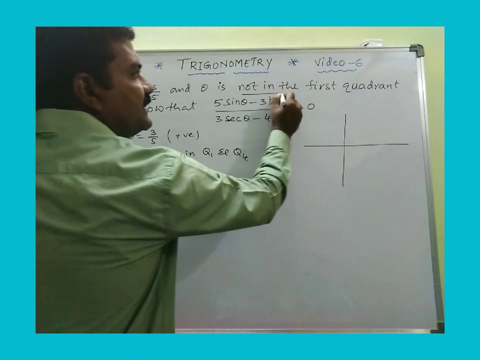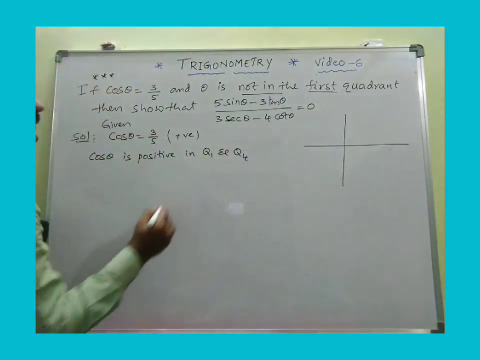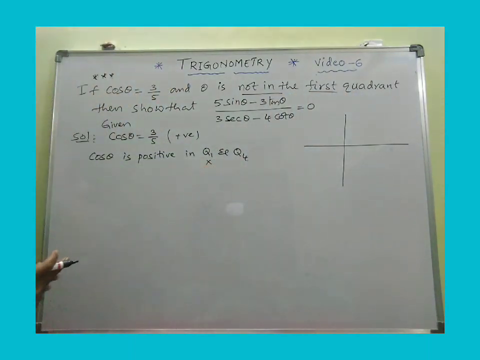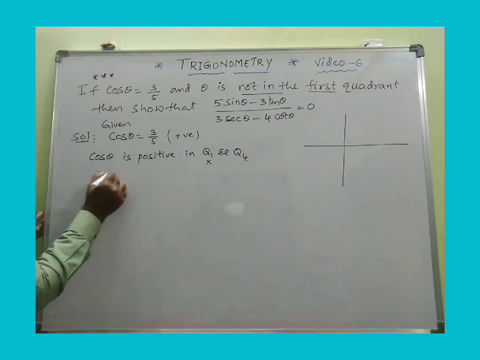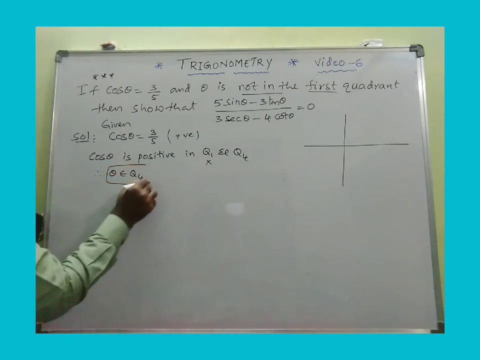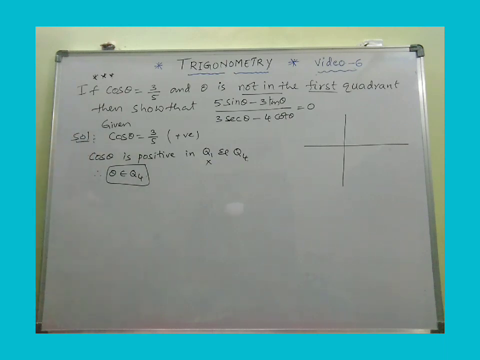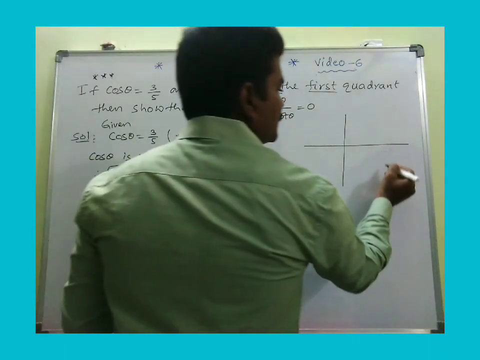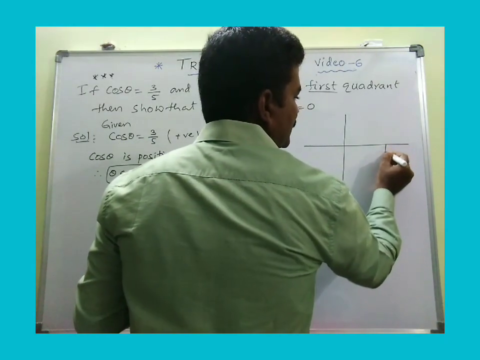But it is given clearly that theta is not in the first quadrant. Therefore theta belongs to Q4. This is a very important step in this problem. When this type of problem is given to you, you need to identify which quadrant theta belongs to. So clearly theta is in the fourth quadrant.